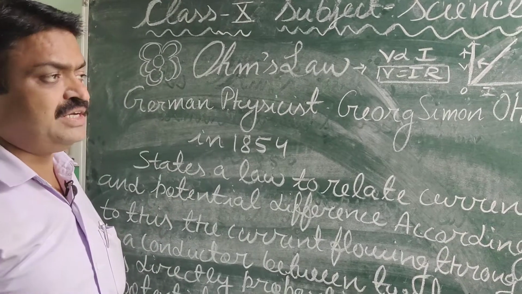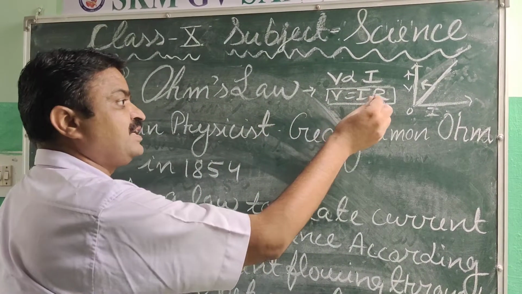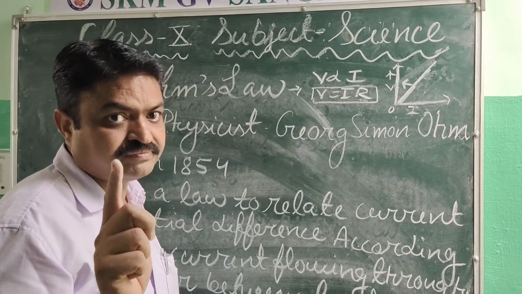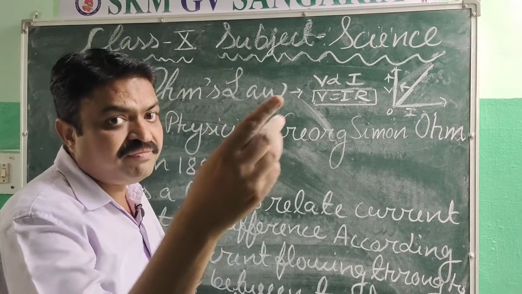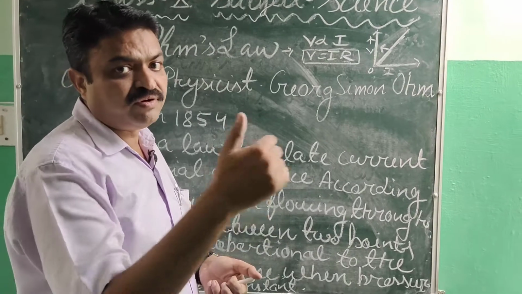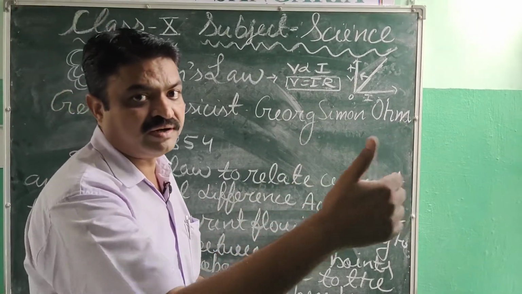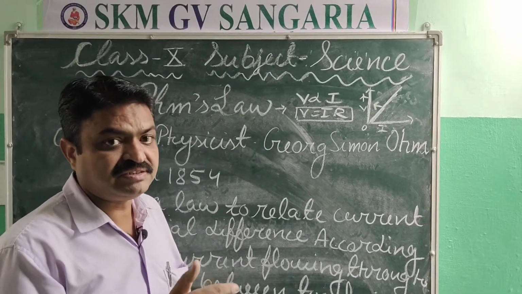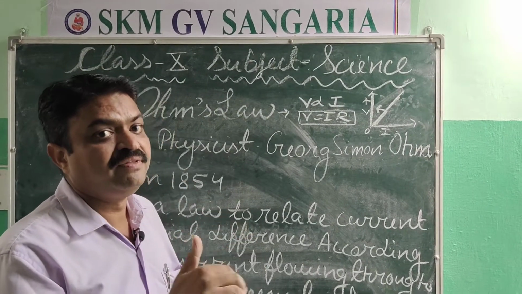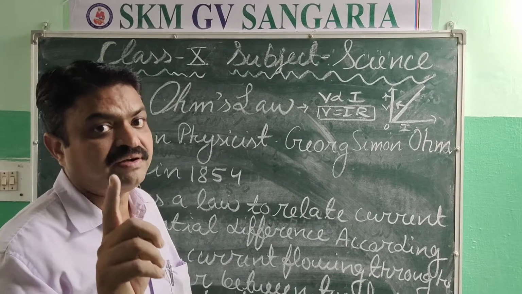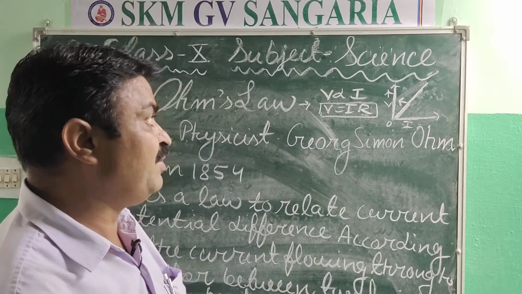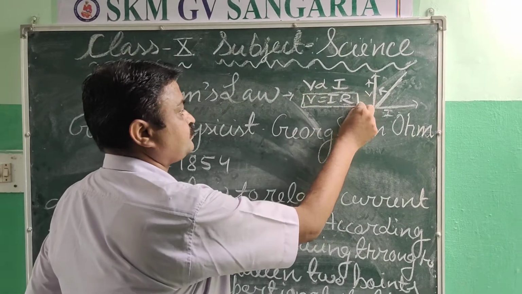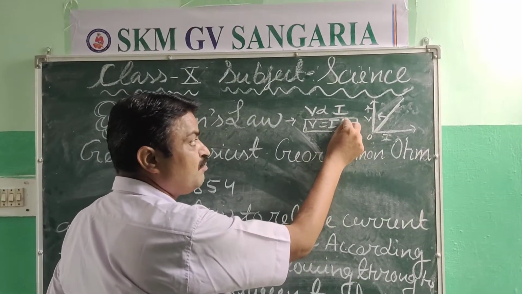What is resistance? Resistance is the physical quantity that prevents the flow of electric current. Or we can say resistance is the obstacle to the flow of electric current. About this we will read later.